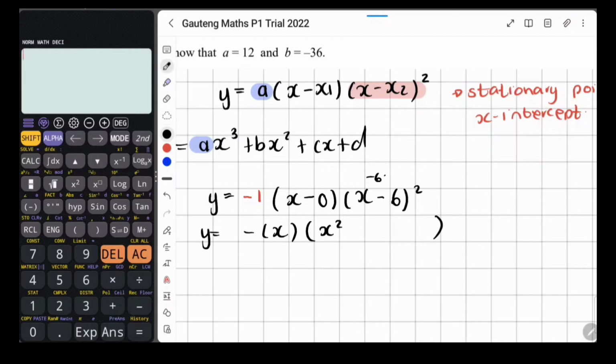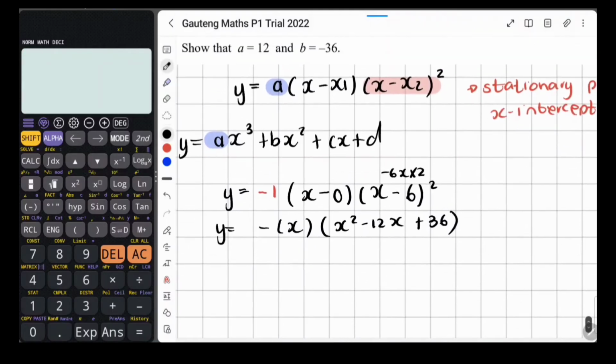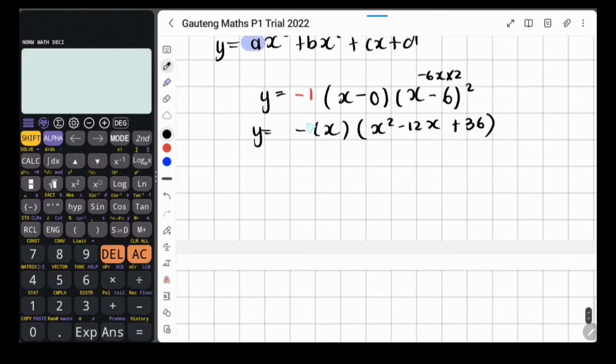Then times that negative 6x by 2. That's negative 12x. Then square the last term, negative 6 all squared. That's positive 36. Then over here, I can just say negative x multiplied by all of this: x squared minus 12x plus 36.